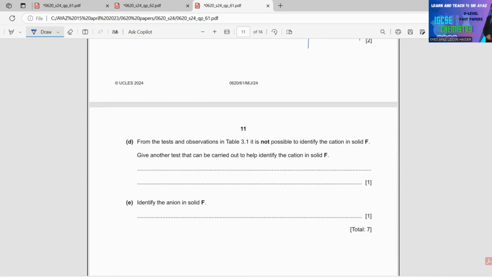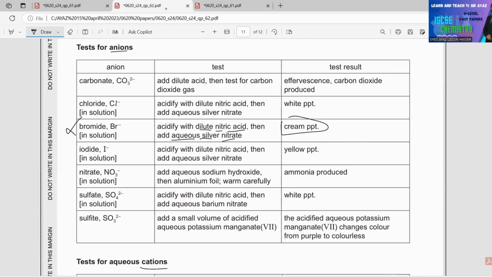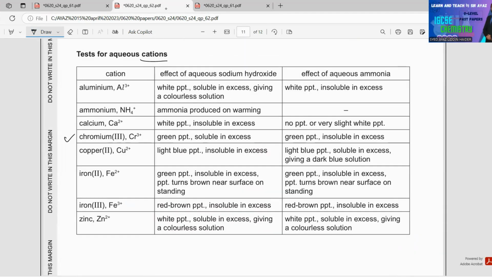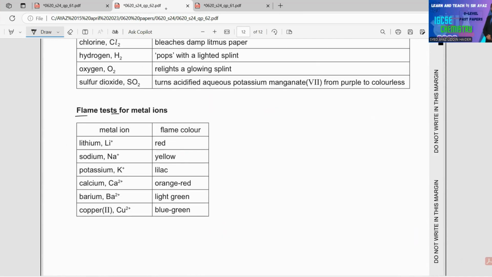Moving to next part, which is part D. From the test and observation in table 3.1, it's not possible to identify the cation in solid F. Give another test that can be carried out to help identify the cation in solid F. It must be none other than the flame test. It will help in identification of these positive ions.